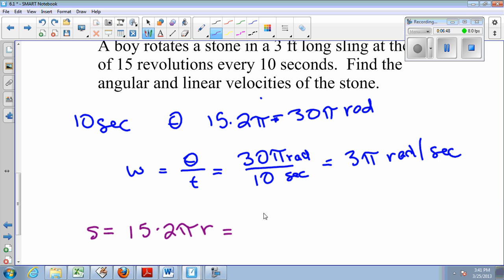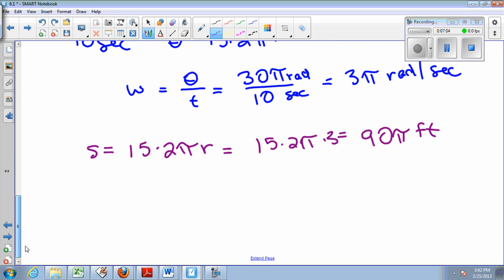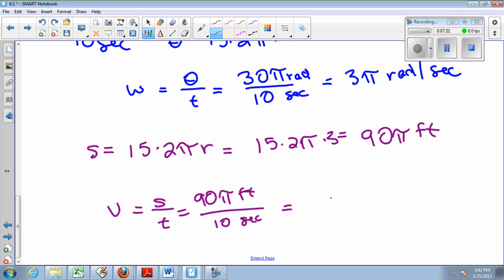And we know our radius is 3, so we substitute this in. 15 times 2 pi times 3, and this gives us 90 pi feet for s. So we now plug this into nu, and we get arc length divided by time. This is 90 pi feet over 10 seconds. It simplifies down to 9 pi feet per second.